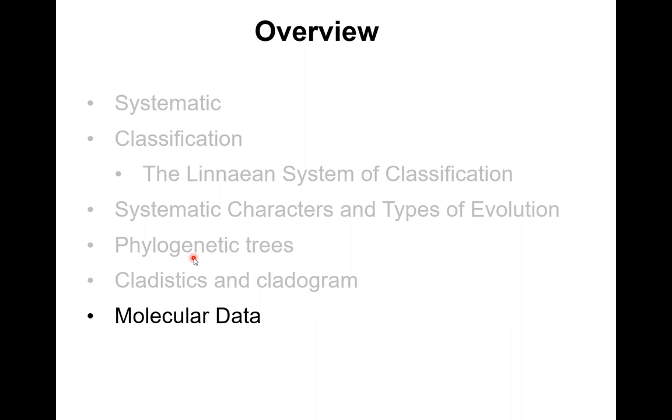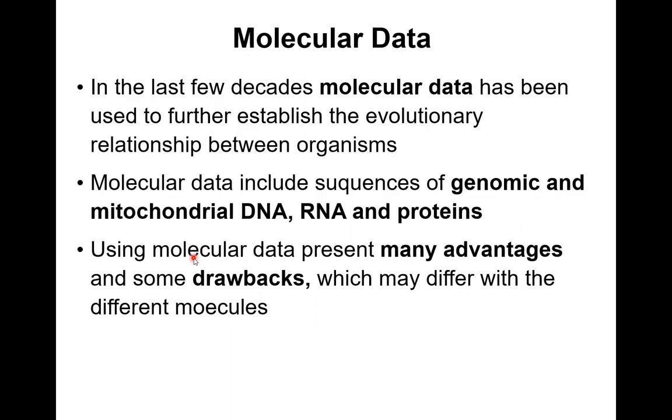Nowadays, in the last few decades though, we have accumulated more and more data in terms of genomic and mitochondrial DNA sequences, RNA, protein sequences, and so on, and we get them from so many organisms, and sometimes even some DNA was found from fossils too.